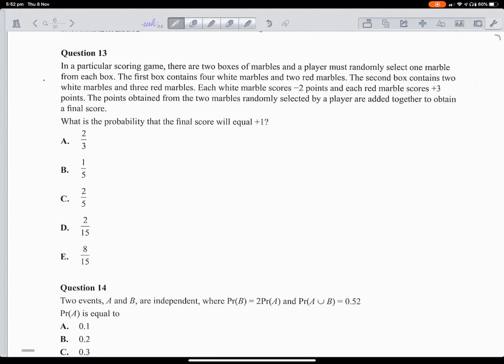Okay, a particular scoring game. There are 2 boxes of marbles, and each player must select 1 marble from each box. The first box contains 4 white marbles and 2 red, so white, red, 2 out of 3, 1 out of 3. That's box 1. And then box 2 has 2 white marbles, 2 out of 5, and 3 red. White gives you a score of -2.